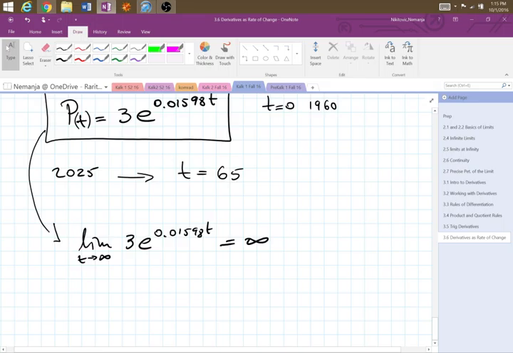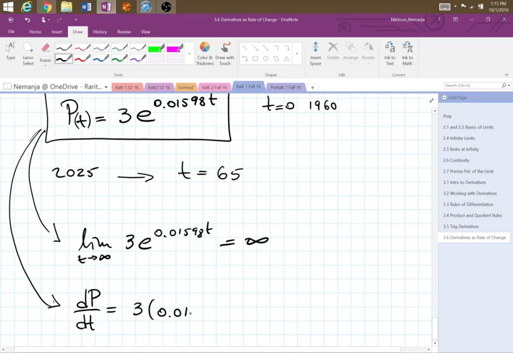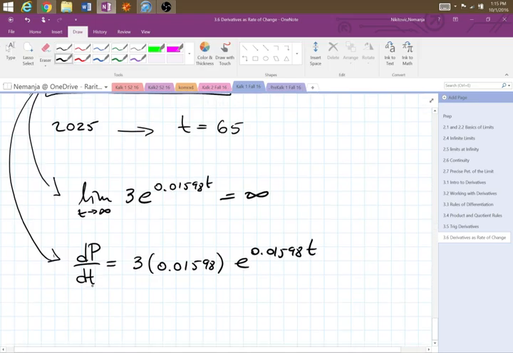prolonged periods. We can also take the derivative, the change in population over time, because at that point we can calculate how many people are added, because you are calculating change per year. So if I take the derivative, it will be 3 times 0.01598 times e to the 0.01598t. So if I compute that, it will be 3 times this decimal.